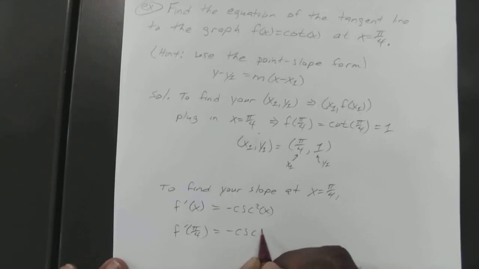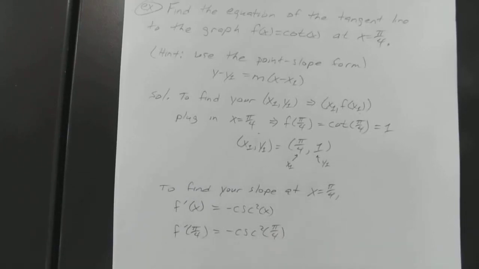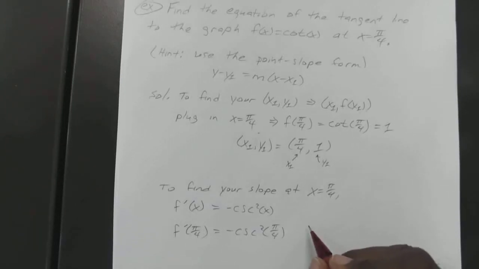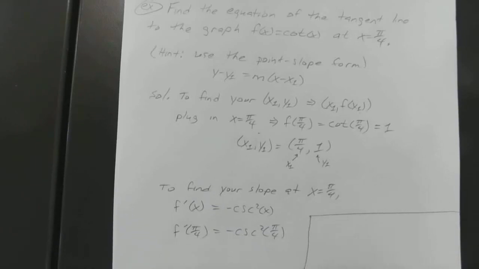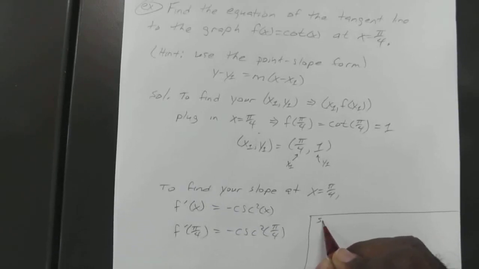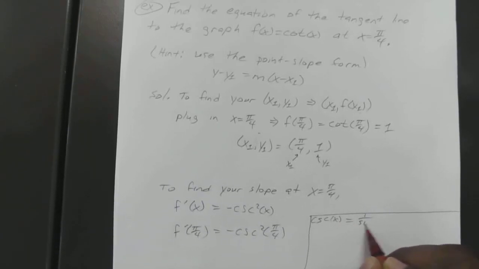Equals negative cosecant squared of pi over 4. Now if you think of it this way, cosecant is 1 over sine. Let's write it out this way. Cosecant of x is equal to 1 over sine of x.